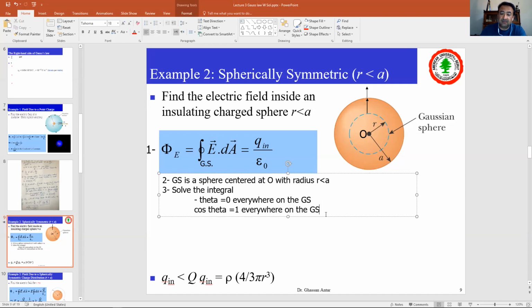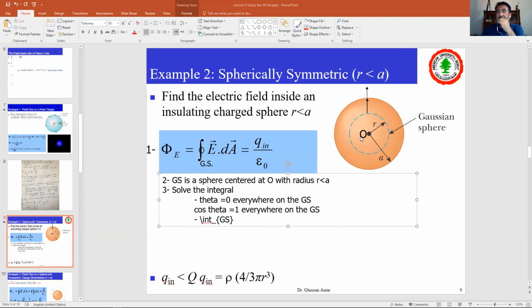So now the integral, I usually write it like this, the integral over the Gaussian surface. Explain why theta is equal to 0, please. Yes, give me a second. If I have a sphere, the electric field is radial only.